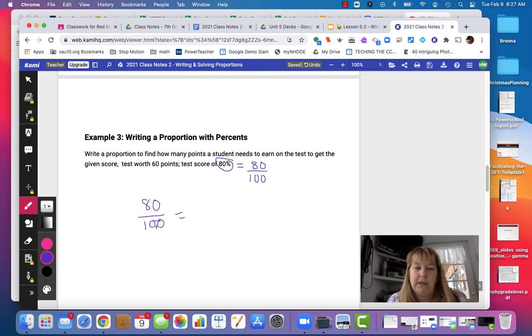So if I had a test that had 100 questions, I got 80 of them correct. So this test is worth 60 points. So that's my total. So think of this bottom bit as the total, and this is the number correct. So I got 80 correct out of 100. So we need to know how many you need to get right out of 60 total so that I would get 80%.